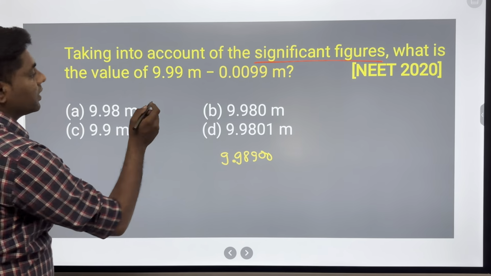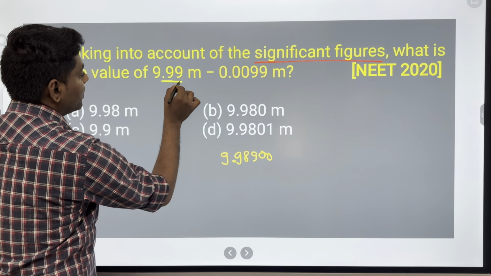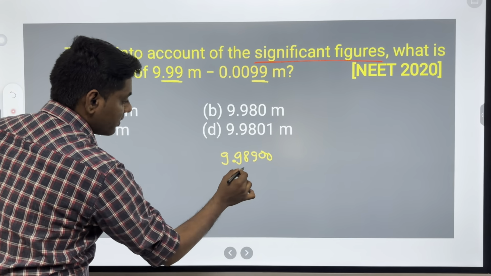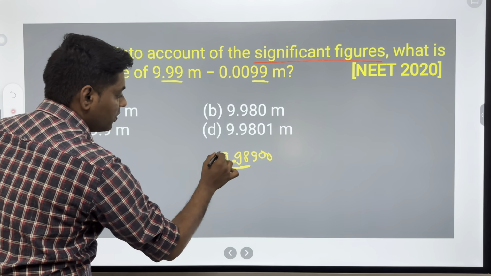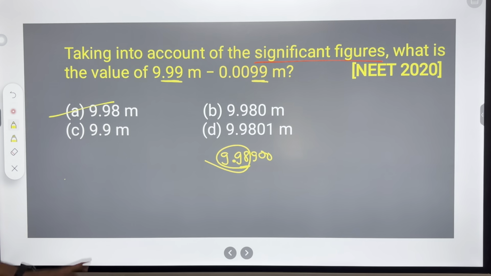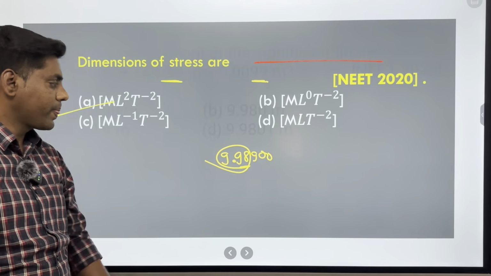From the decimal there are two places, so for the answer we have to consider two significant figures after the decimal. Therefore option number A is the correct answer of the given example.